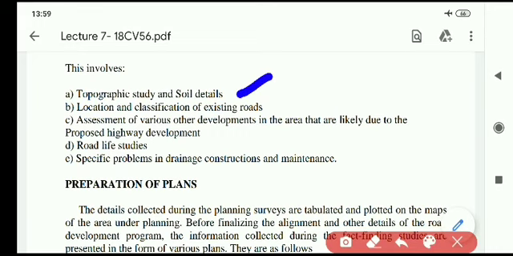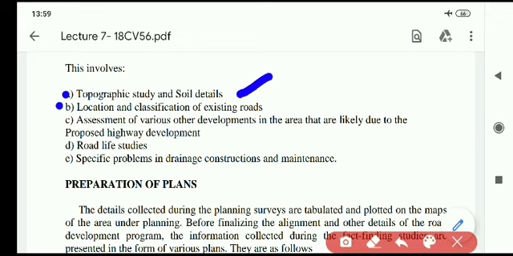After that, soil details are collected. We collect the soil sample and test what type of soil it is, what the clay amount and silt amount are, and what category of soil it is for the construction of roads, whether this soil holds good, whether it can take the load, or whether we need to borrow soil. All these studies are done under topography study.